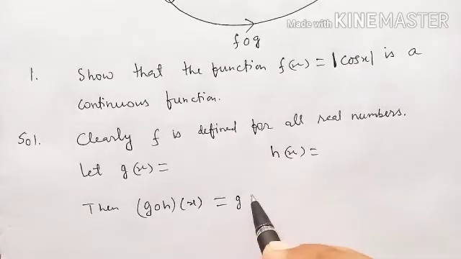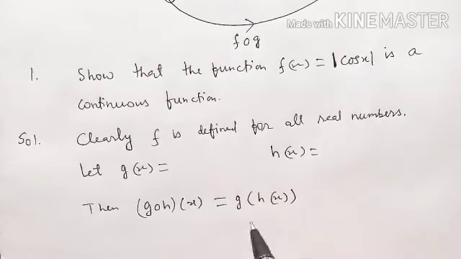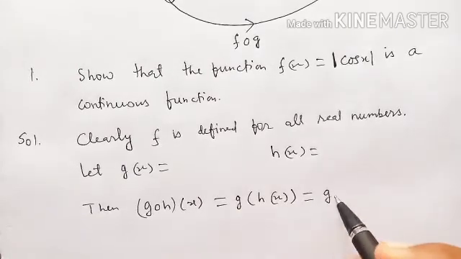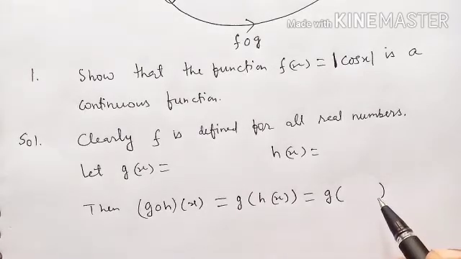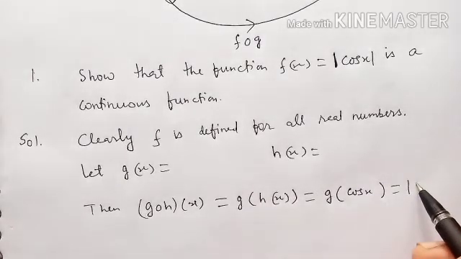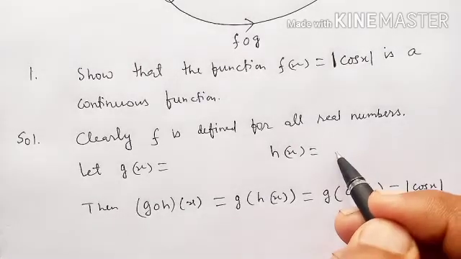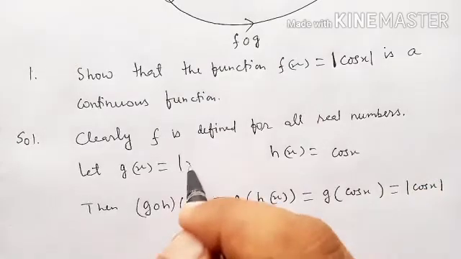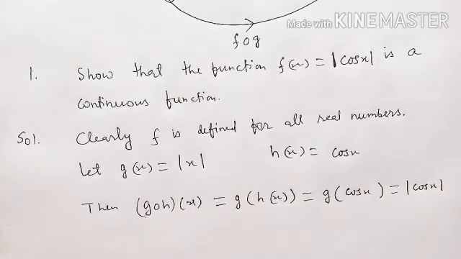If you take h(x) as cos x, then you can write this as mod cos x. Here you have to take cos x, here you have to take mod x. Then g of h of x is equal to mod cos x.